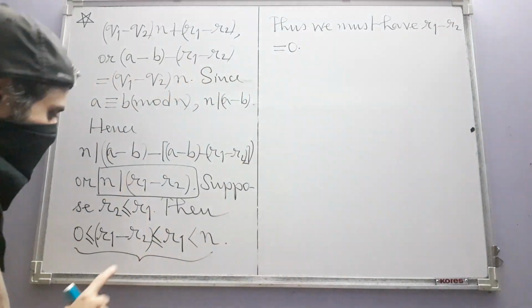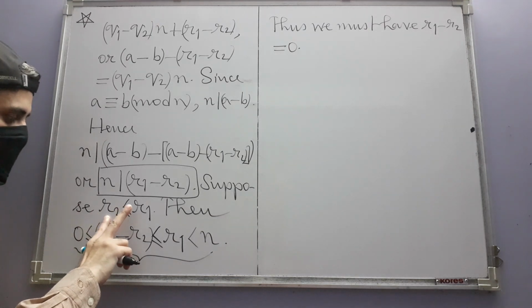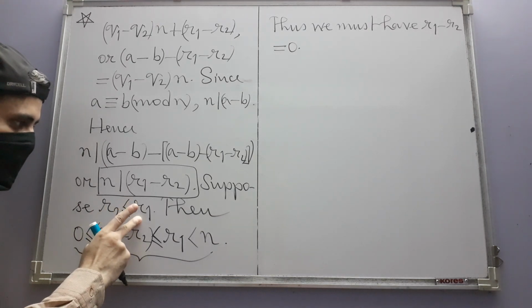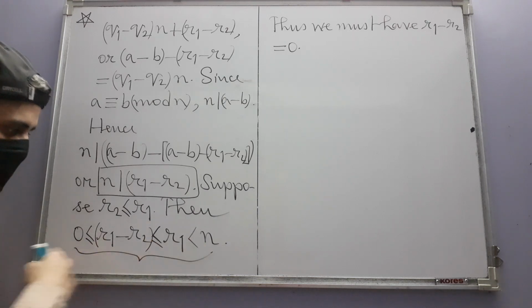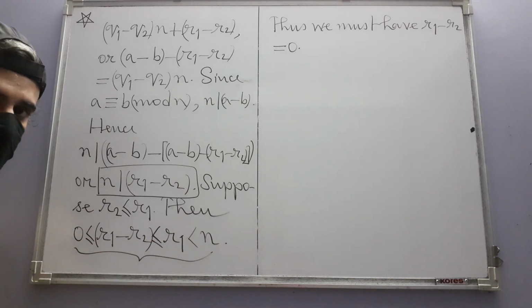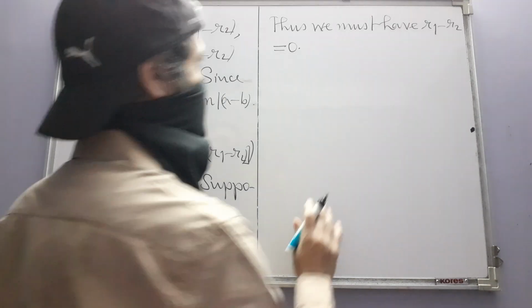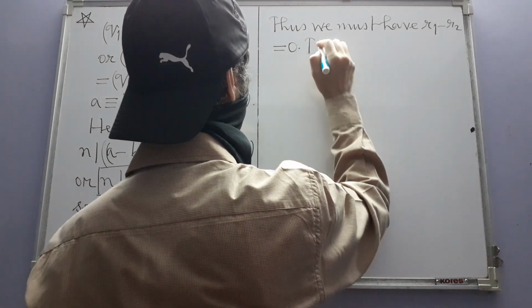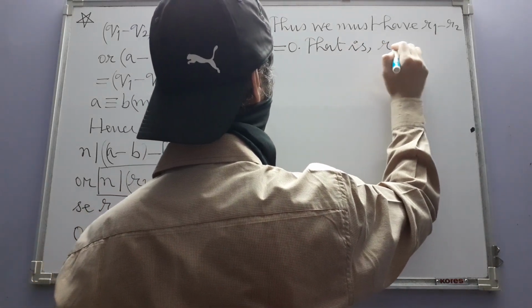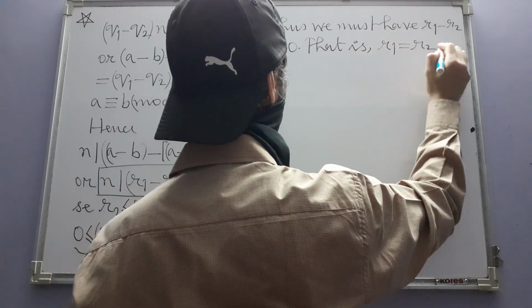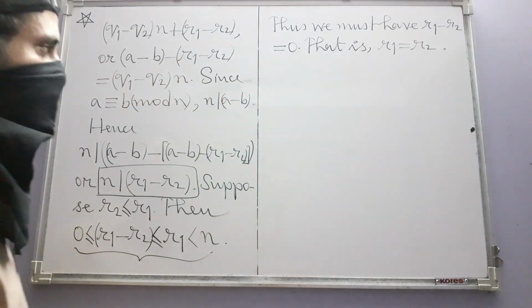In that other case, if you are having R2 greater than R1, you just consider R2 minus R1 and have considered similar inequalities. That is, R1 is equal to R2. But this is what we wanted to prove, right?